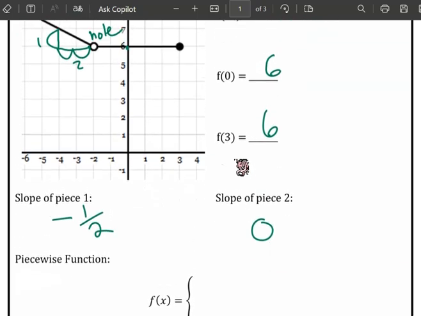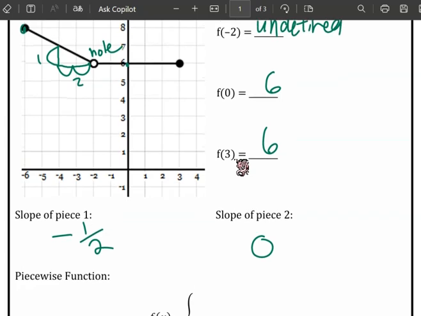The piecewise function. So if we extended the slope of piece 1, and it kept going, it would intersect the y-axis at 5.